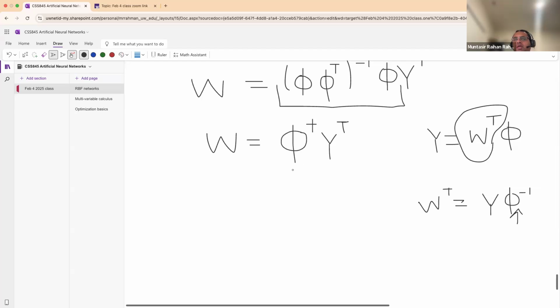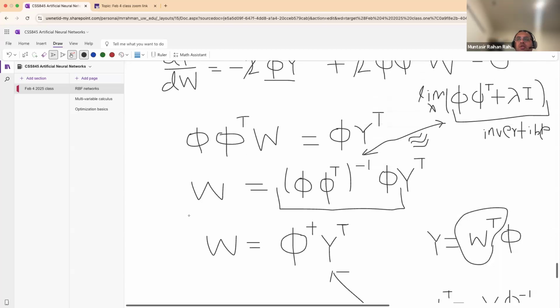So eventually we have to actually take the pseudo inverse. This would be something like, we take the transpose of this and do y transpose. So we cannot directly take the inverse because phi is not a square matrix, but we can do that by taking the pseudo inverse. And now we have actually learned the network. We have a closed form solution, right?